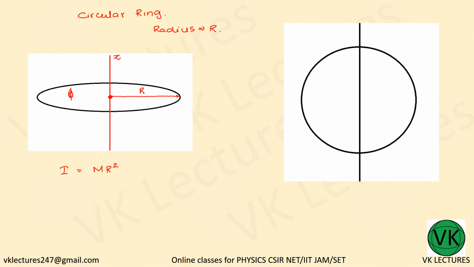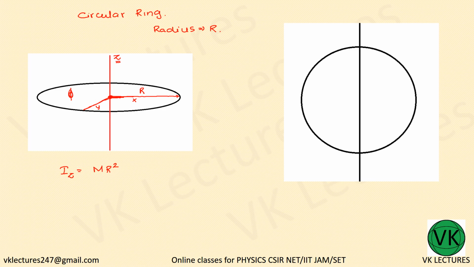This is x and this is y, and this is the z-axis. So the circular ring is placed in the xy plane, and along the z direction we are finding Iz, which is equal to mr squared.